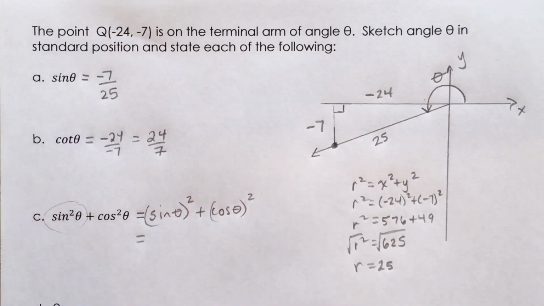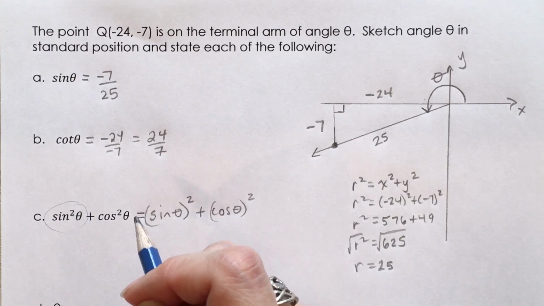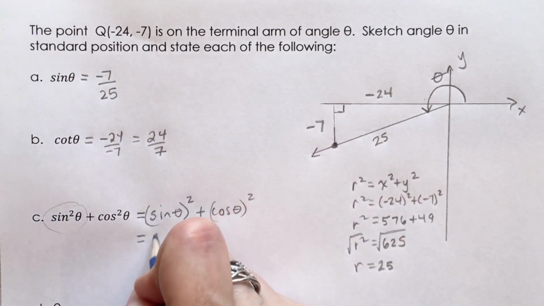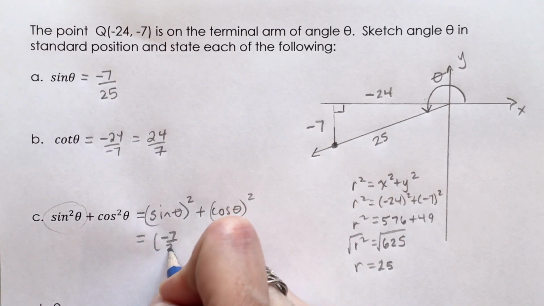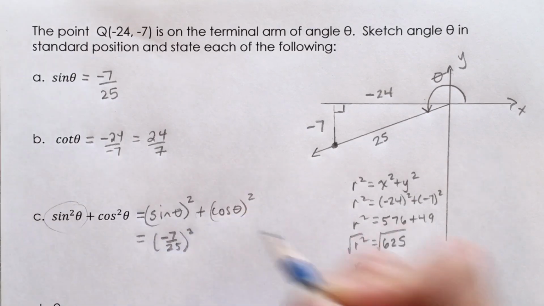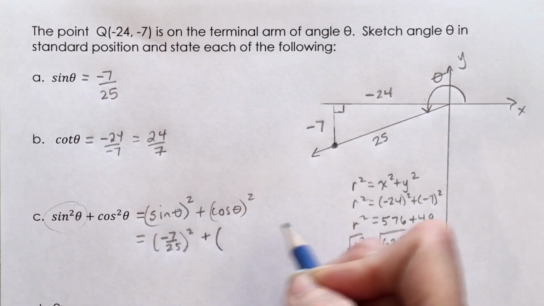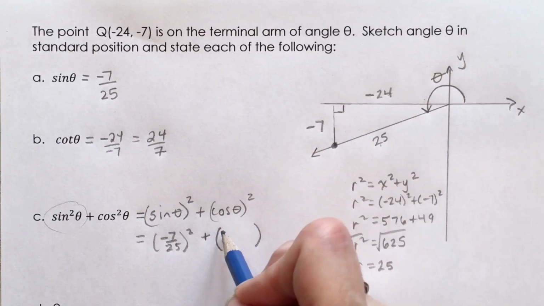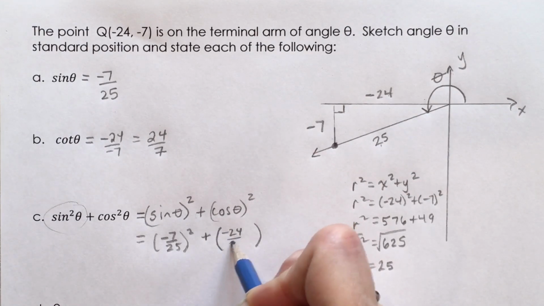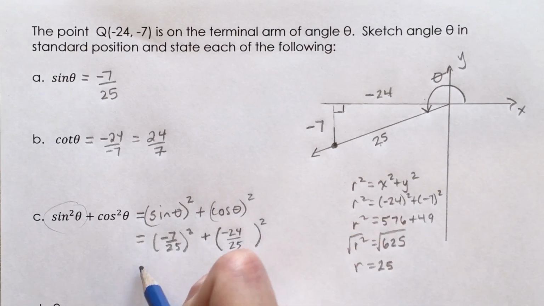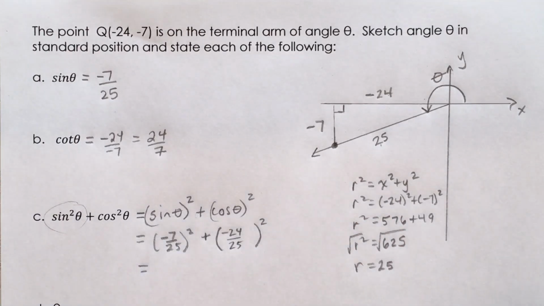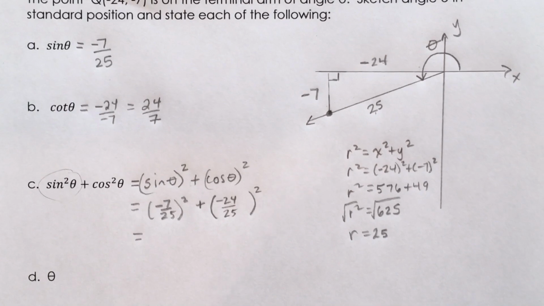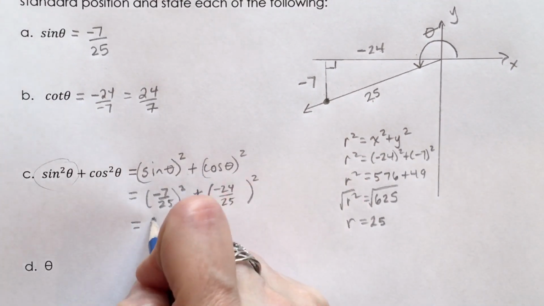So we figured out the sine theta up here, it was negative 7 over 25, so I can replace sine theta with negative 7 over 25, but I'm squaring it. And then cos theta, that's the x value over the r value, so negative 24 over 25 squared. And then when you square a fraction, remembering back to grade 10 and grade 9, you square the top and the bottom.